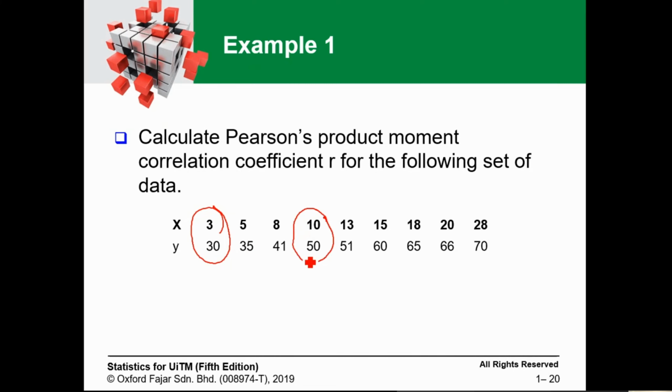Let's take it as the prices of petrol, okay? So when the price of petrol is 3, I fill 30 ringgit. When the price of petrol is 10, I fill only 50 ringgit. Or let's say that it is the price of electricity.